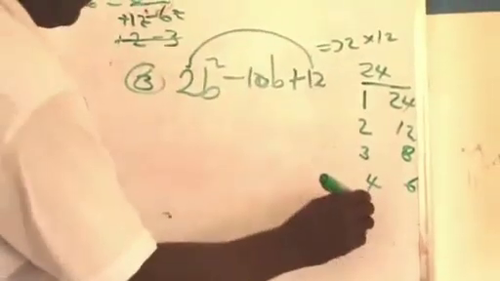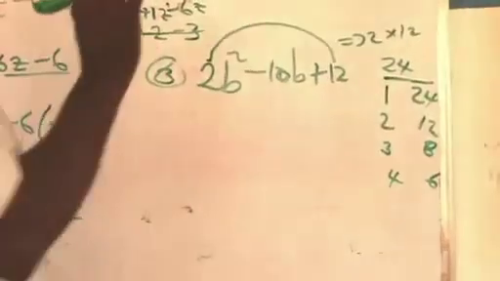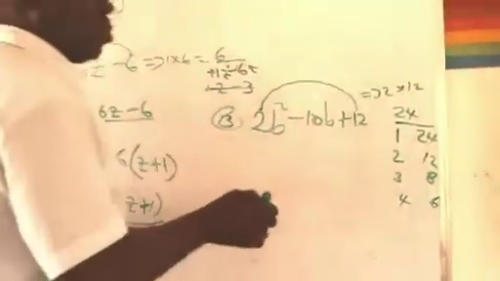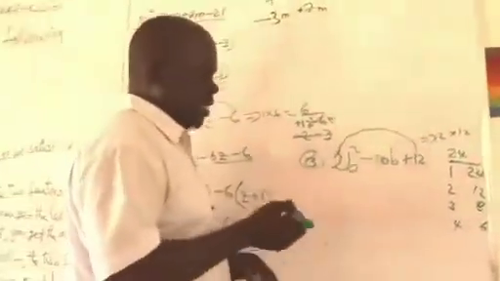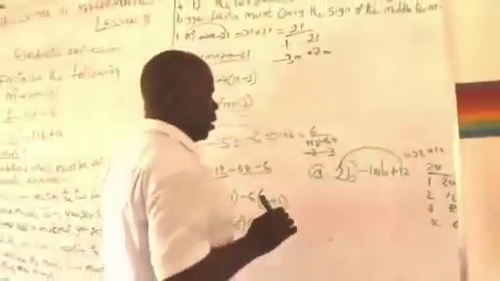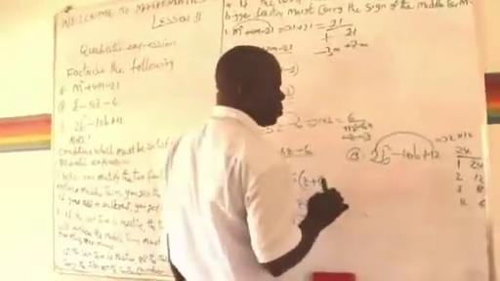Then 24 divided by 5 will give you a point something, it's not inside. 24 divided by 6 is the reverse of 4 and 6. So if you see that the factors have started repeating, then you stop. You have finished listing all the factors of 24.